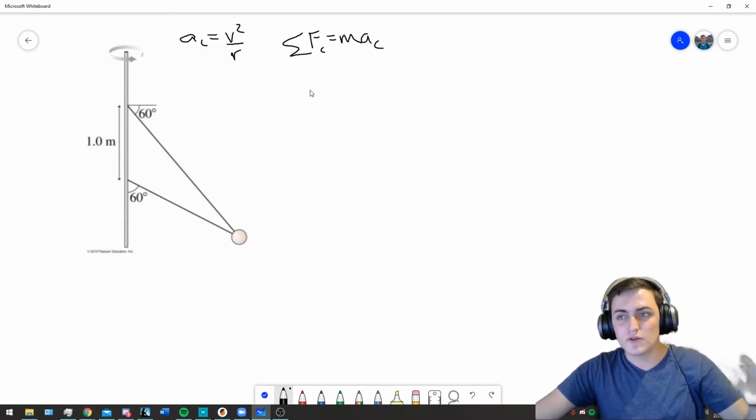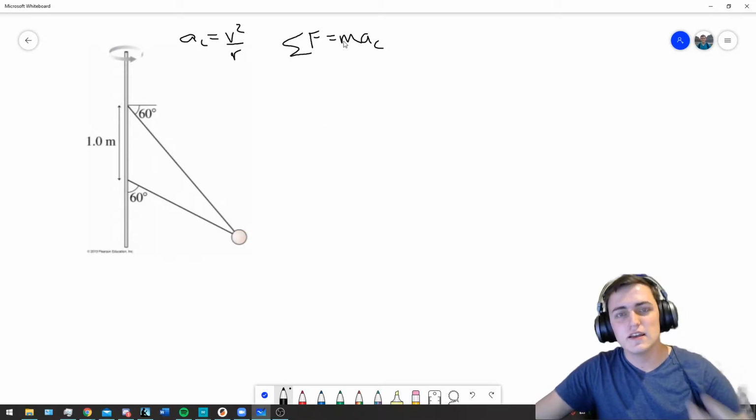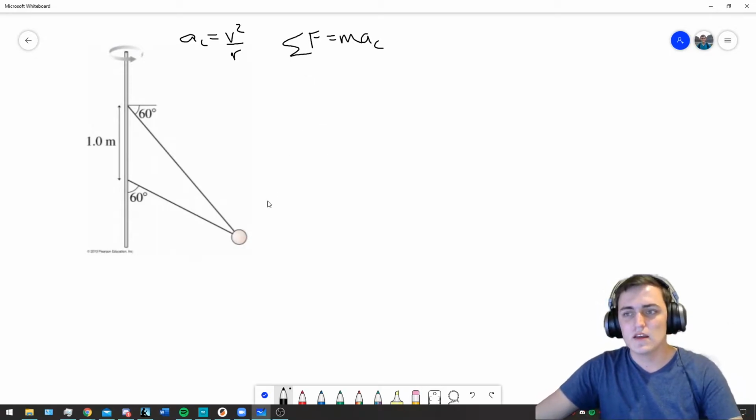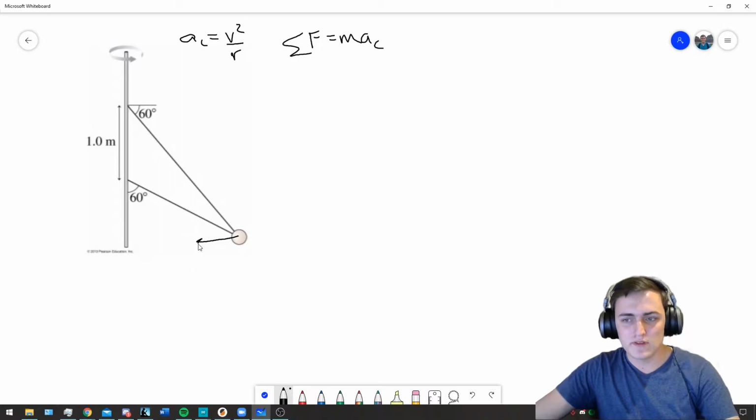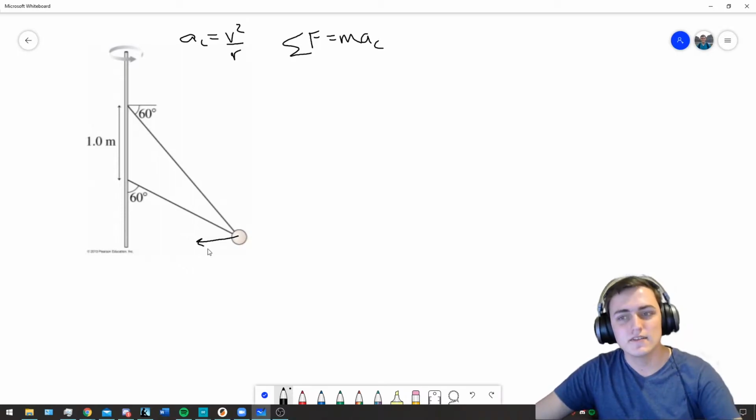So we can say net force, or F_c, centripetal force. I usually will write net force is just mass times a sub c. We know our net force is supposed to point in this direction, directly to the left.